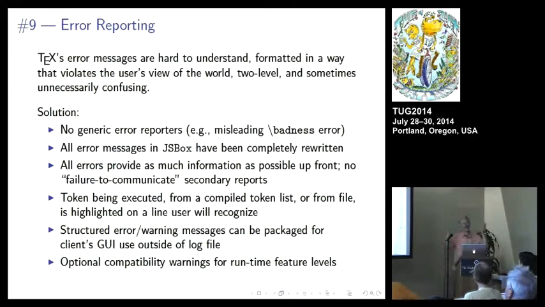So the first thing you think is, oh, I'm in the wrong mode. So you get yourself into horizontal mode, and then you get the error, oh, you can't use badness in horizontal mode. It's like, what? The point is you can't use badness because it's a read-only value and you can't execute it. That's what an error message should say, right? It's been 30 years now since that error message was written.